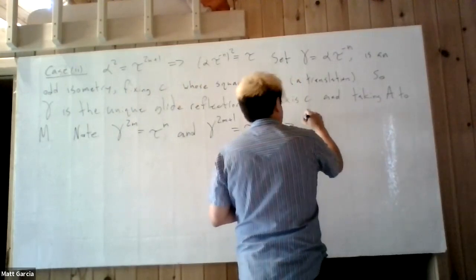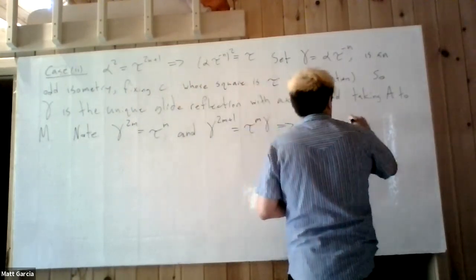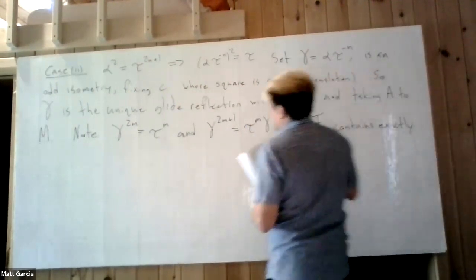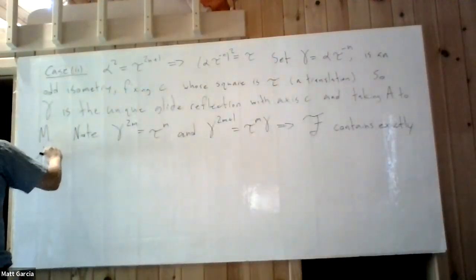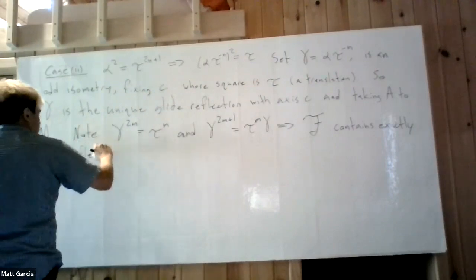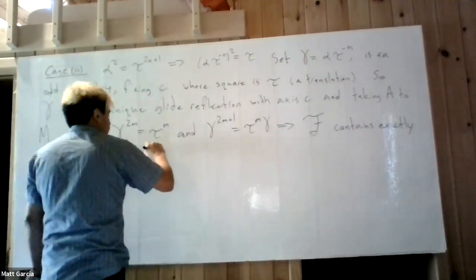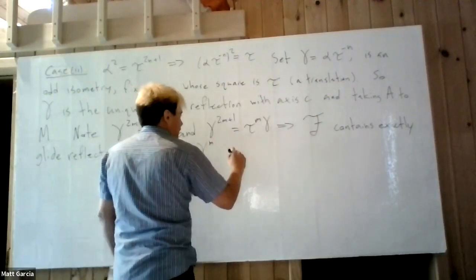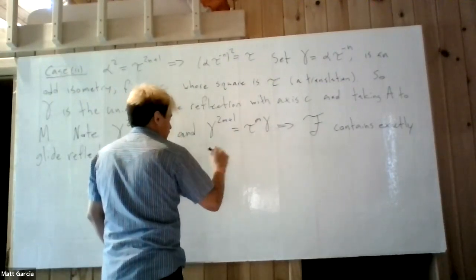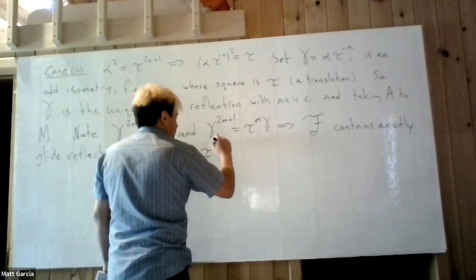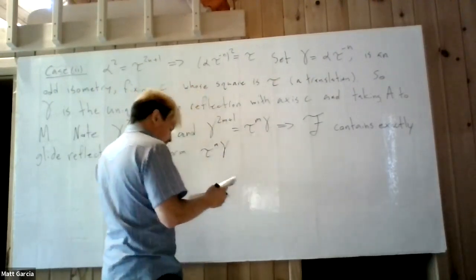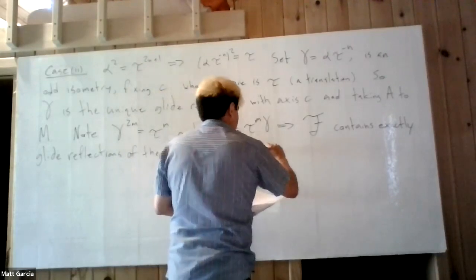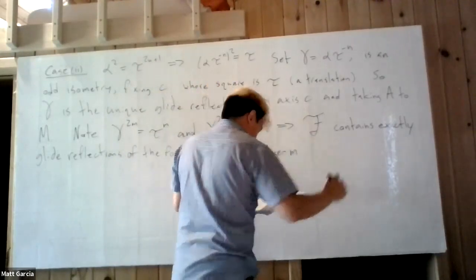This tells us that F, our Fries group, contains exactly glide reflections of the form tau to the m gamma, for integer m, of course.